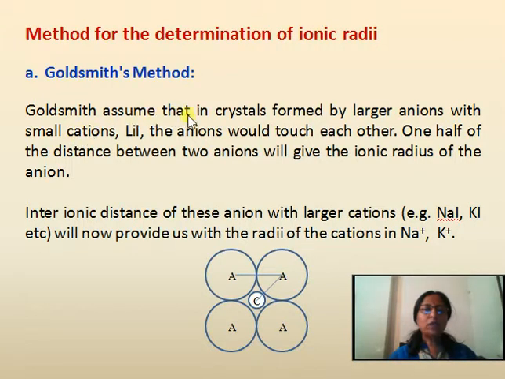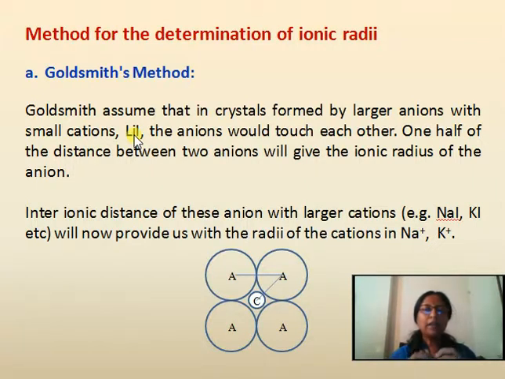Goldschmidt assumed that in crystals formed by larger anions with small cations, for example LiI, where Li+ and I- ions are there, and this Li+ is very small compared to the bigger I-, the anions touch each other.